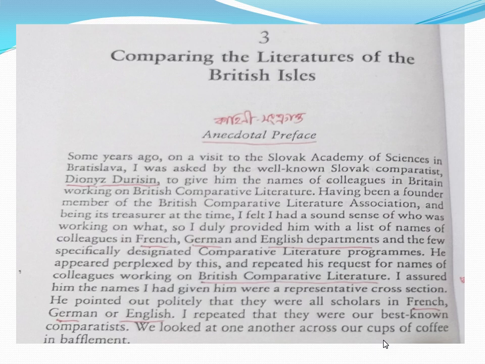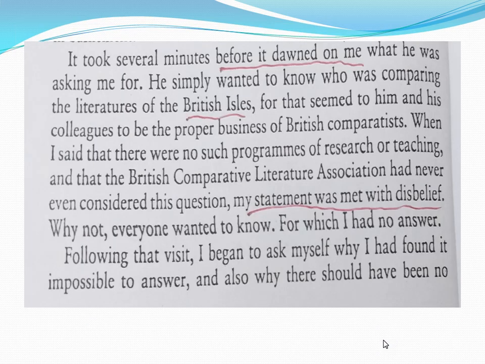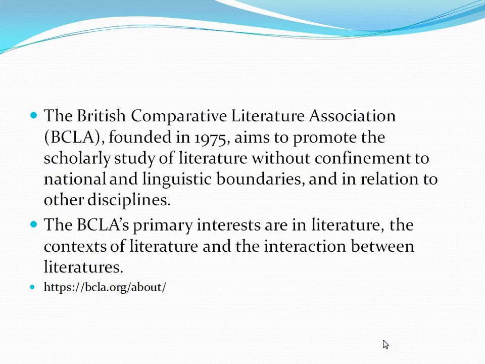In this regard, she answered that many departments and colleagues had been working especially on the German language, French language and other languages, and they were also comparing the German language with the English language or others. So the question started: which literature will be called the comparative literature of Britain?